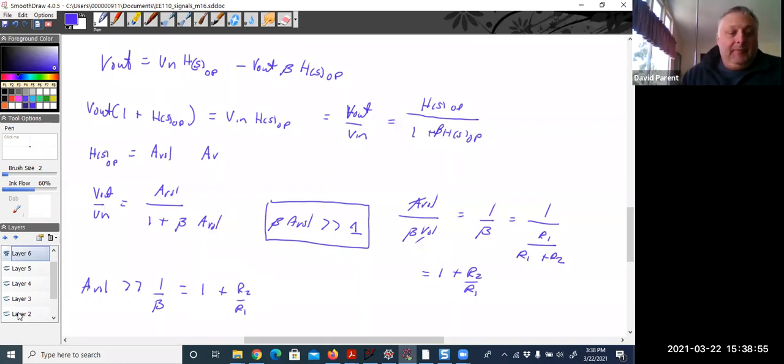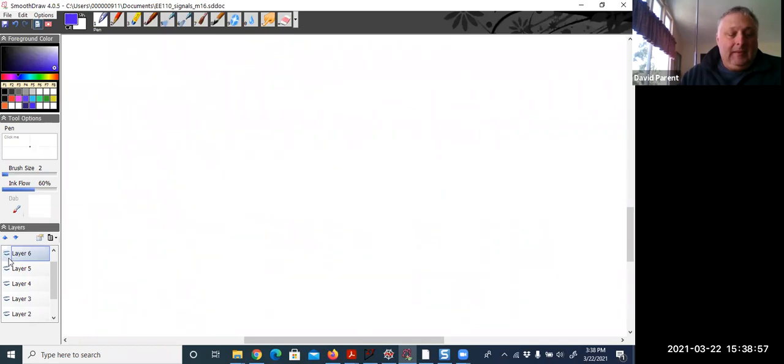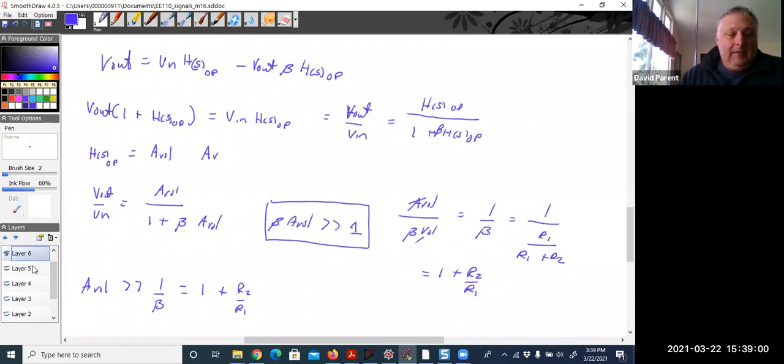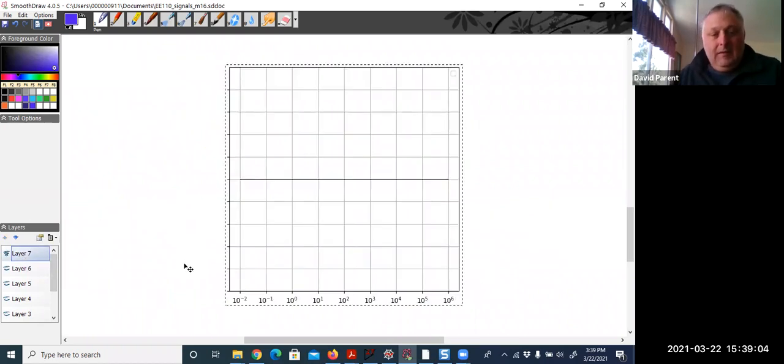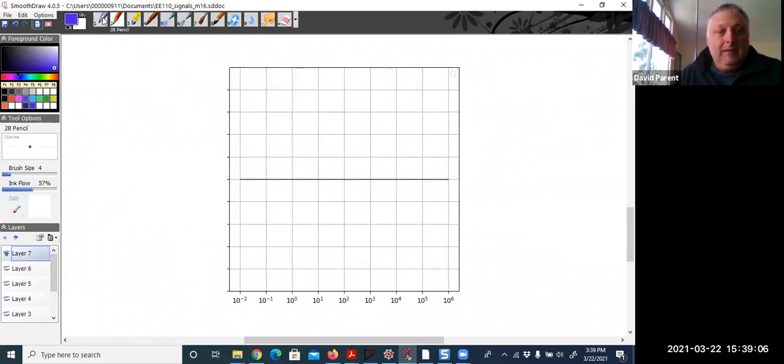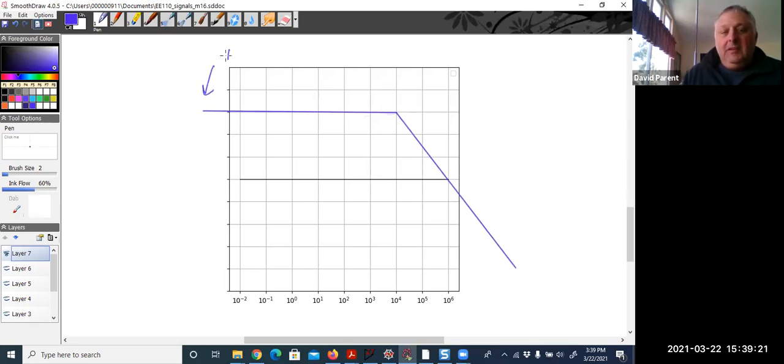So if this were the H(s) of an op amp, right?